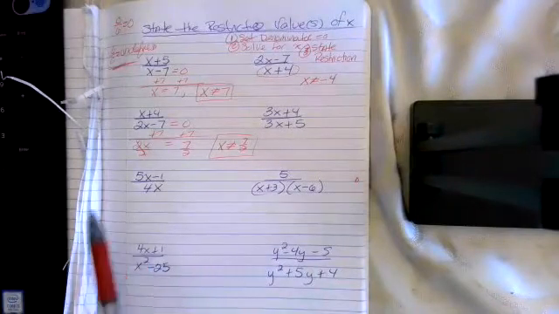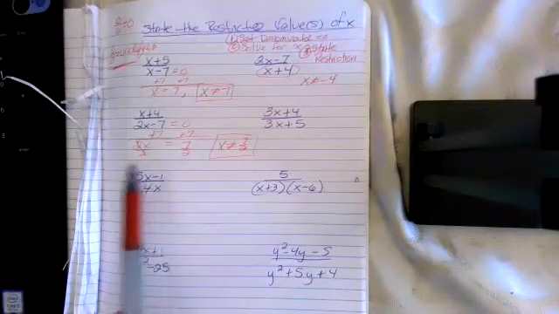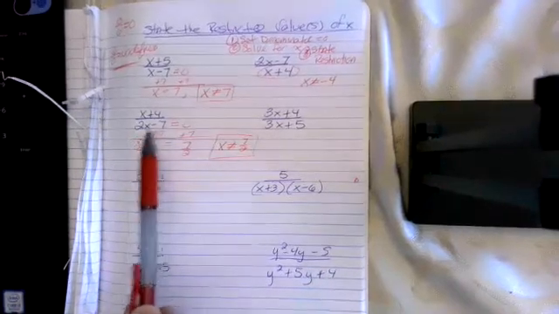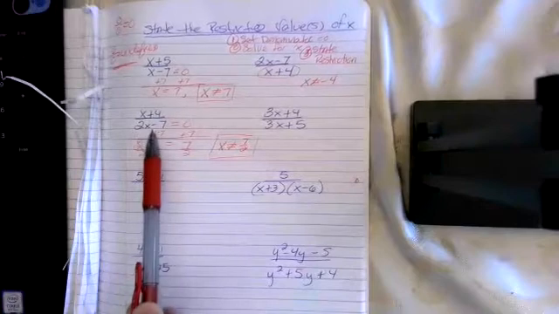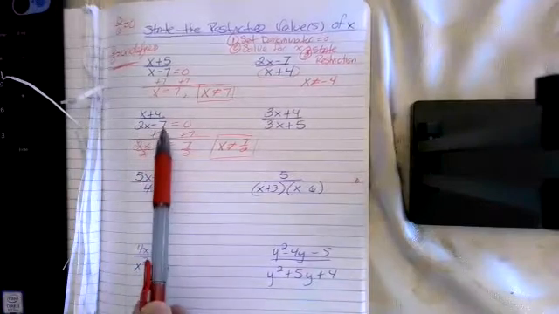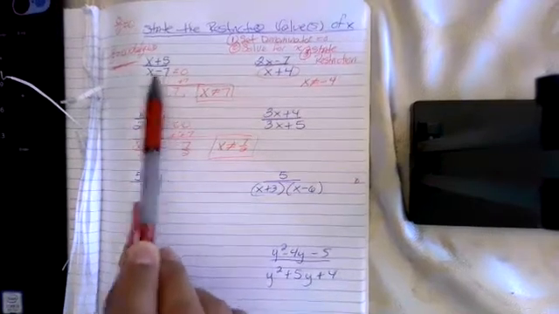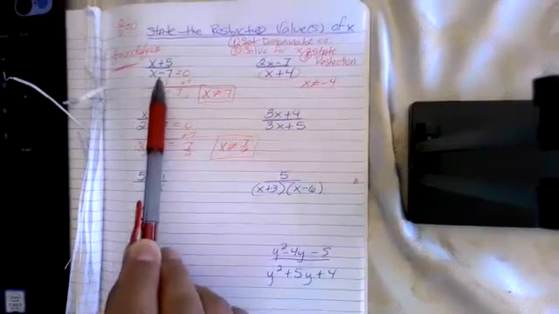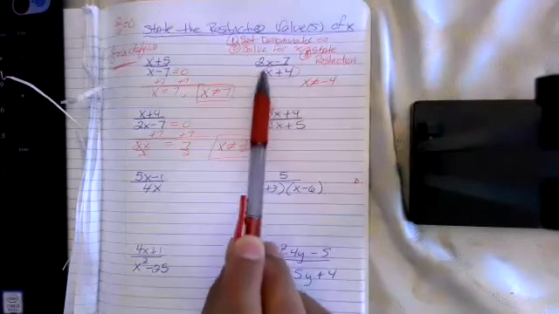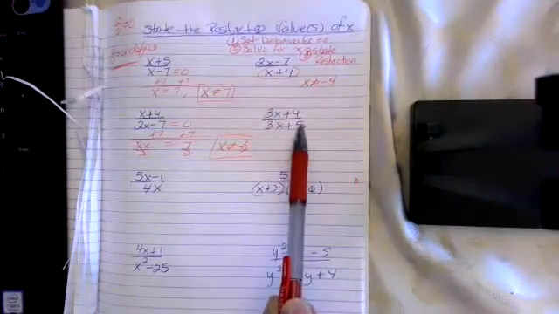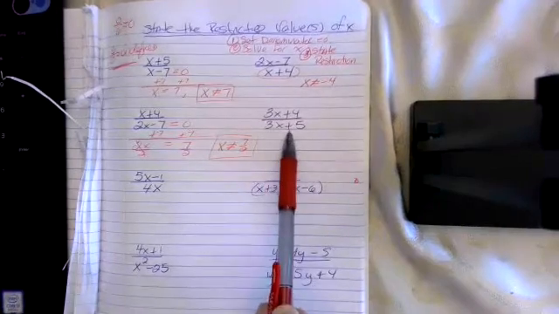There's a trick here also, so I don't have to do all this math. The answer will always be this value on top of this value, opposite sign. 7 over 2 positive. 7 over 1 positive. 4 over 1 negative. 5 over 3 negative.